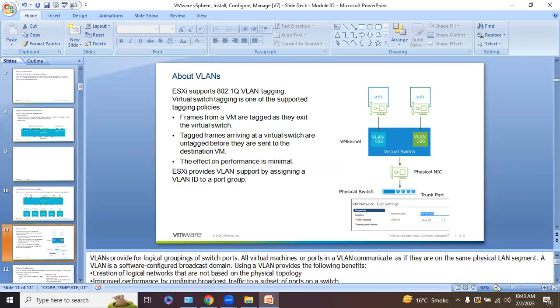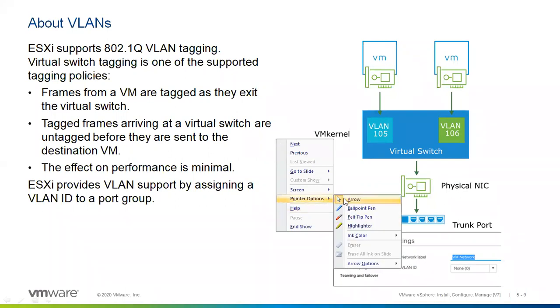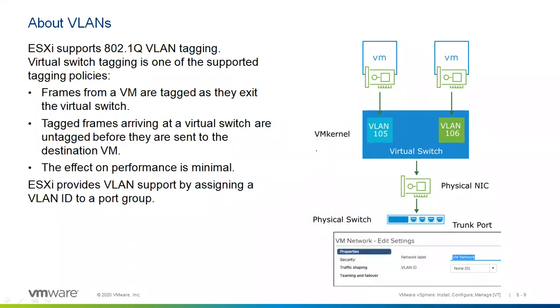So the next example is about when we are going to create any kind of port group or any kind of VM kernel port, that always requires some VLAN. For example, VLAN 105 means this VLAN 105 is given to a port group, and this VLAN 106 is assigned to a port group.